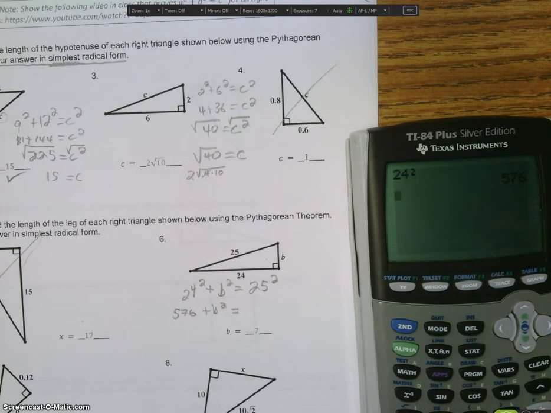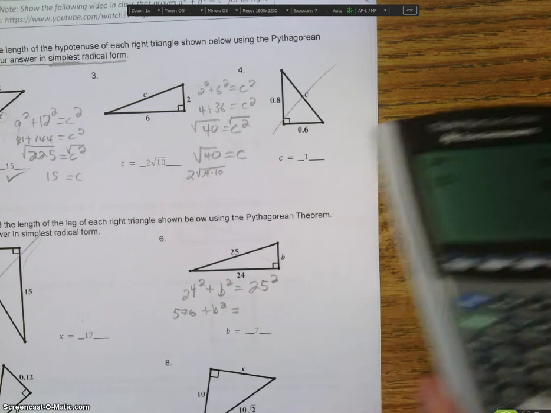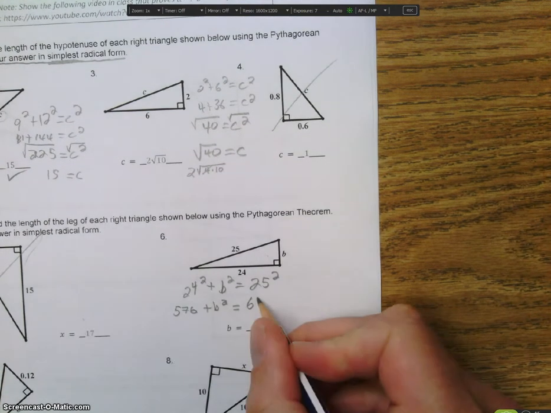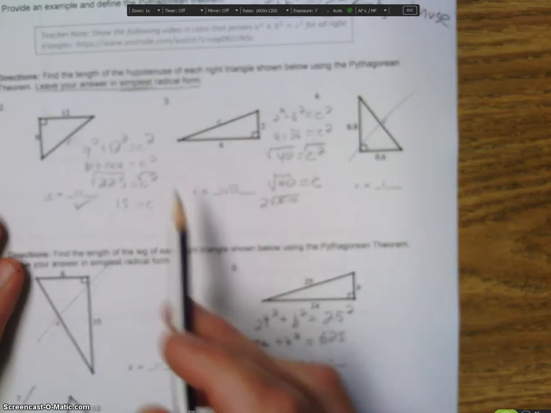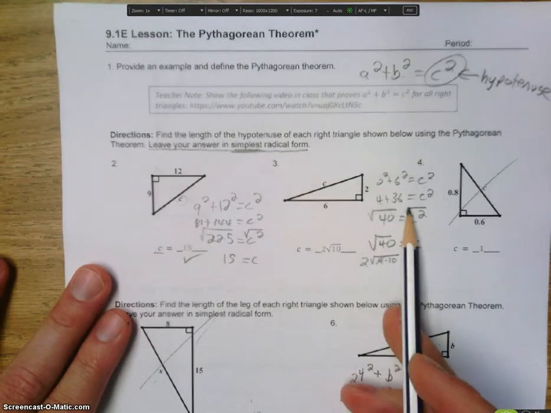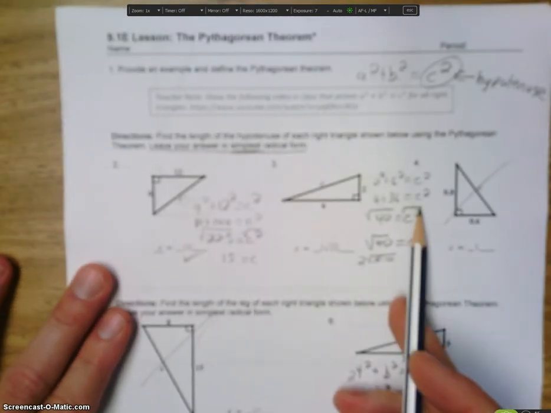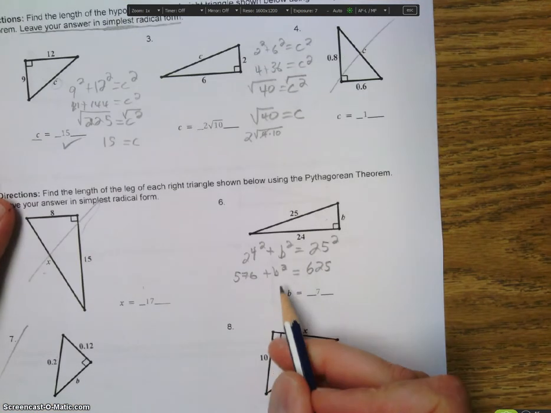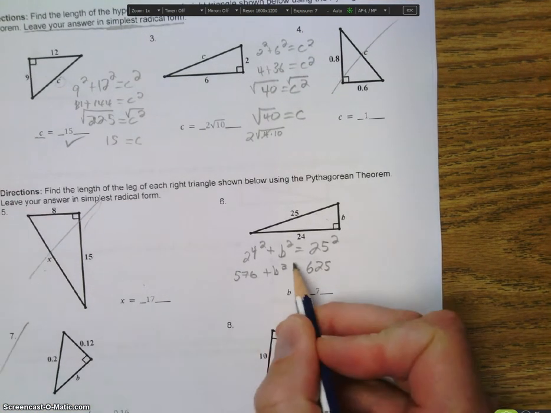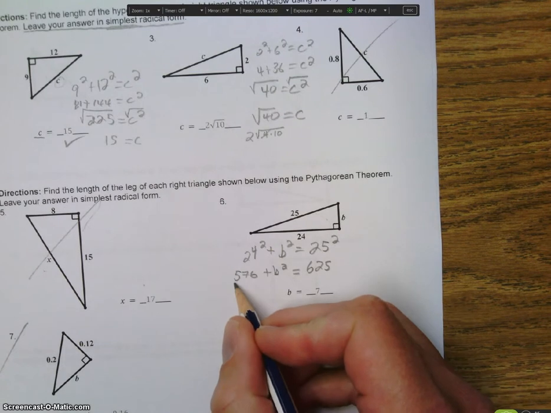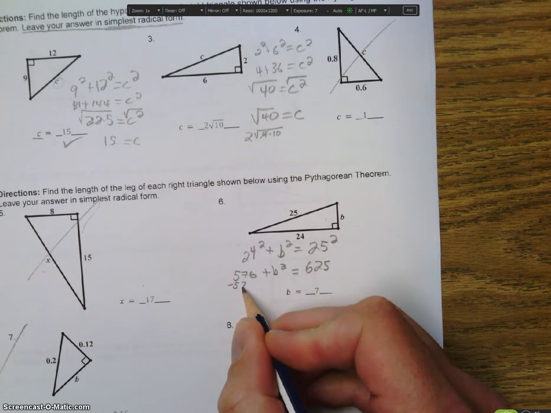You should know, but it's 625. Now the only thing different about this from the previous ones is that C was the unknown value and it was already isolated on one side of the equal sign. Whereas this one, we're trying to find B, but it's not by itself. So to get B squared by itself, we would need to subtract 576 from both sides.